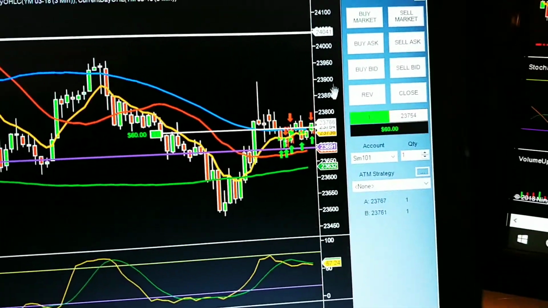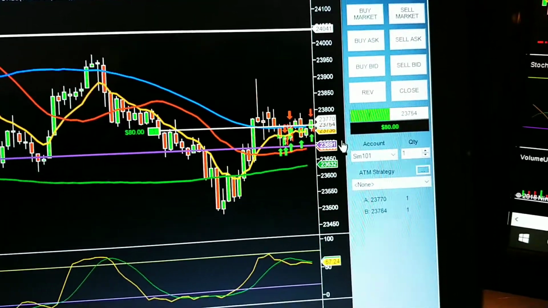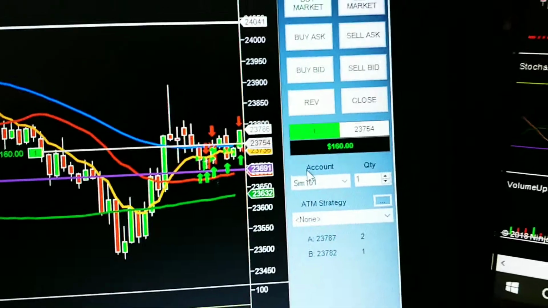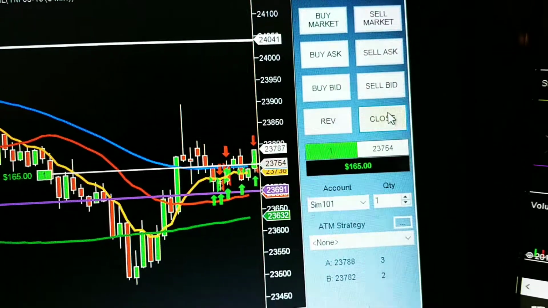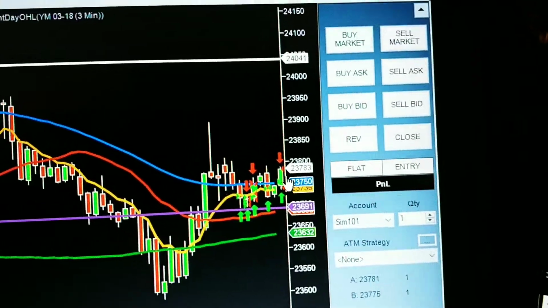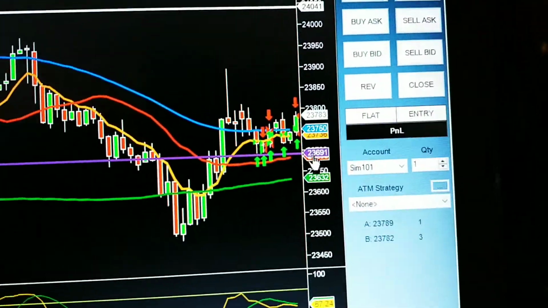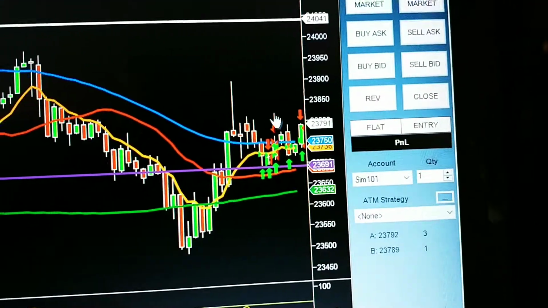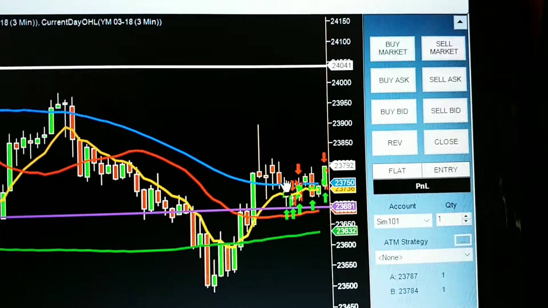But because the market's so volatile in this pre-market, we just kind of want to see what's going on with the market. So look at that. That's $165. I just took that money. So it's just showing you the money you can make in a matter of minutes. That's some people's pay for the whole day.